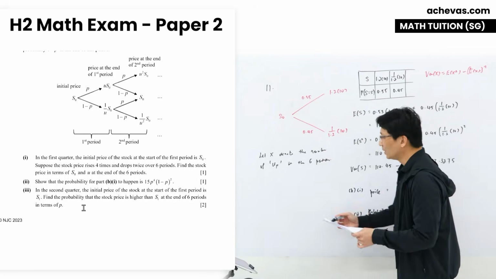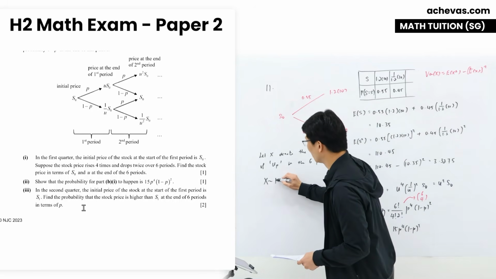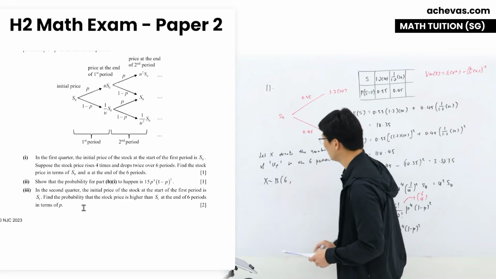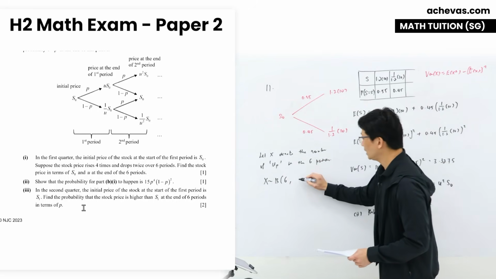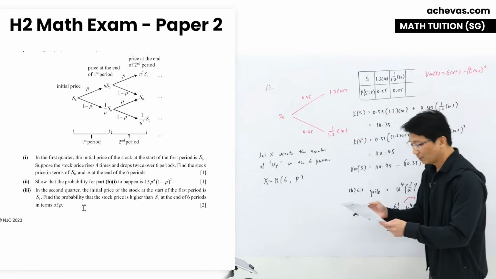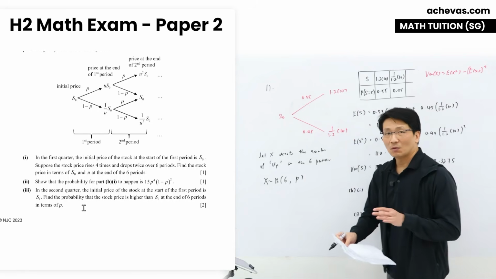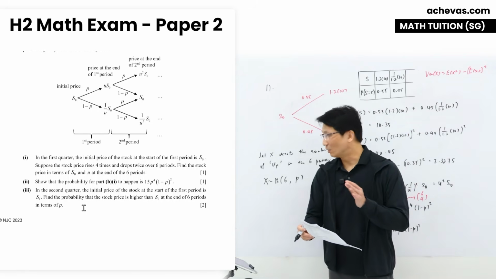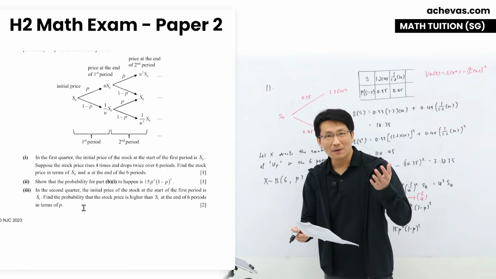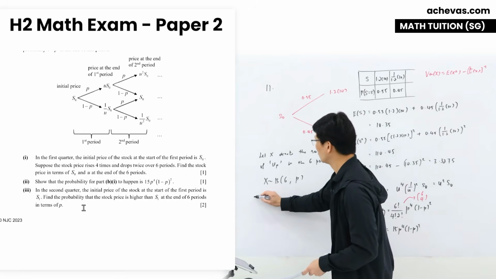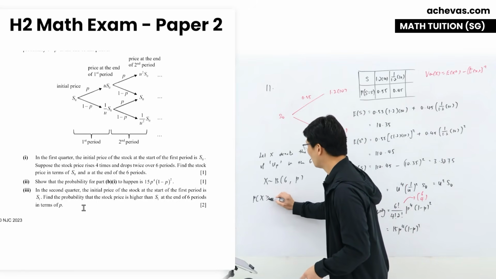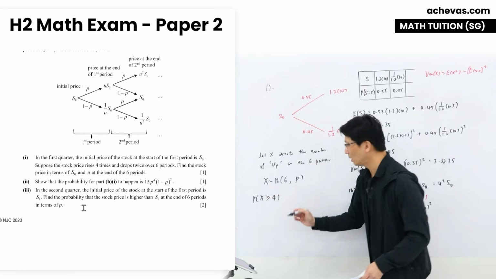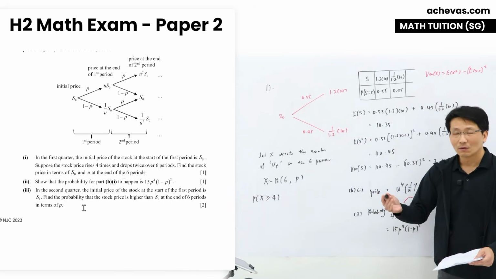So I can think of this like a binomial distribution. We have 6 periods, and in this case, the p is unknown, so I'm going to leave it as p here. Just now, what we have discussed, you need your number of ups to be 4, 5, or 6. So I want to find the probability of X greater than or equal to 4.